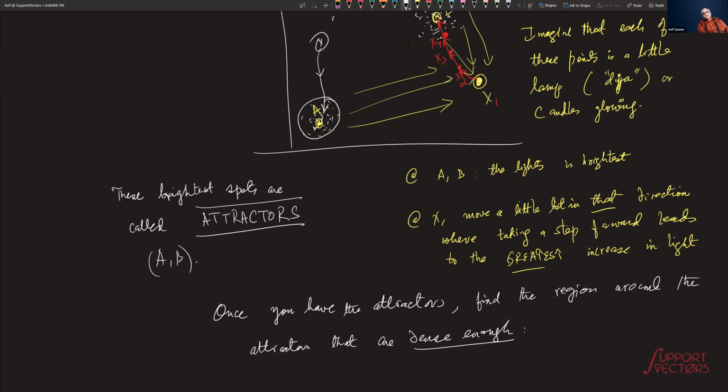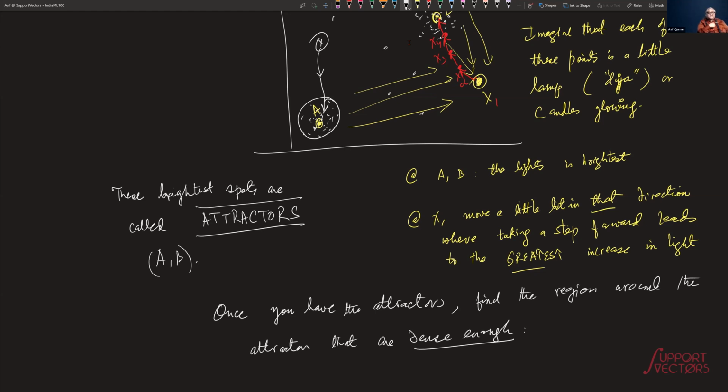We can be mathematically more precise. You can say the density must be at least so many points per square unit area or something like that. We can pick that. That's your hyperparameter in some sense. Do that. And then the remaining points that remain, they are outliers.